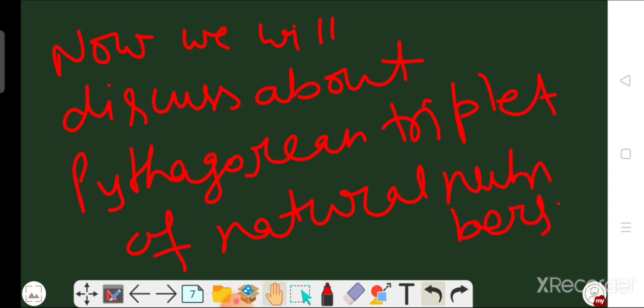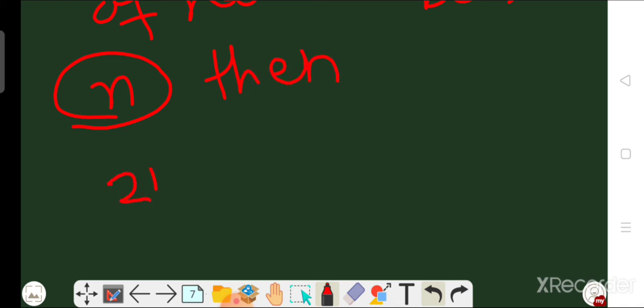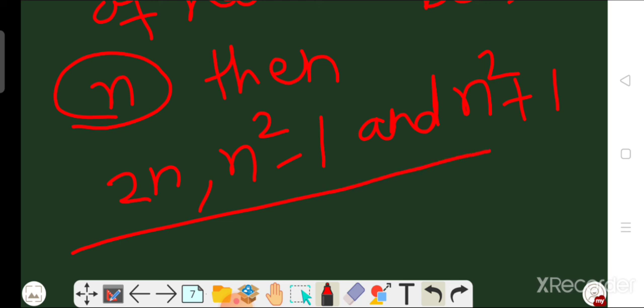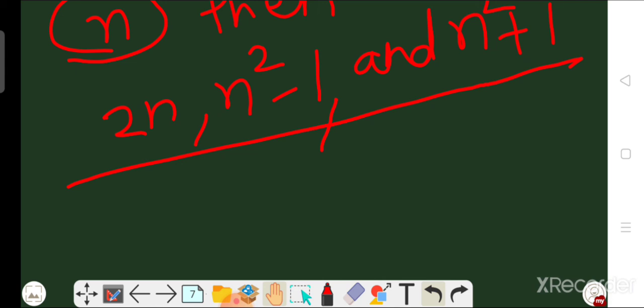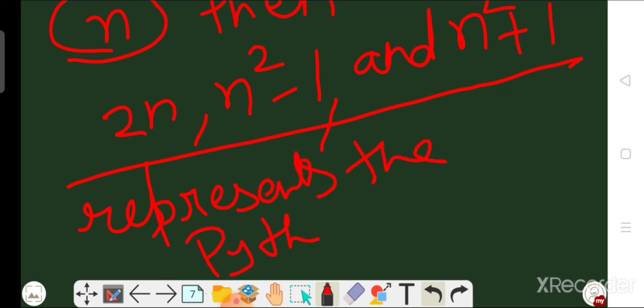Okay, if we have a natural number n, beta, then 2n, n square minus 1 and n square plus 1, these three numbers represent the Pythagorean triplet.